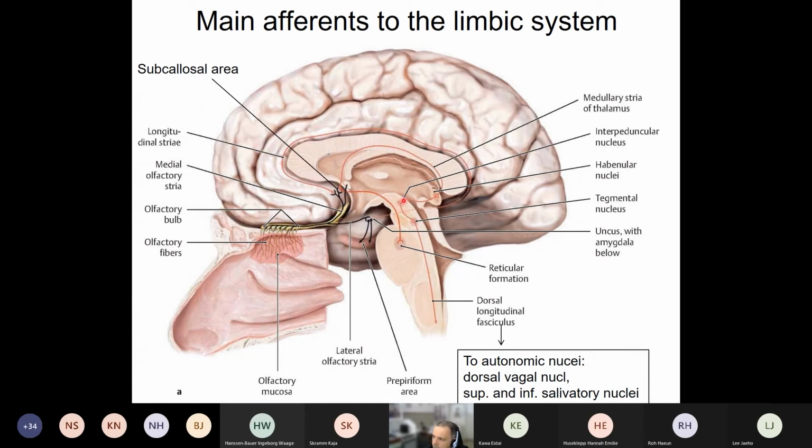And after these centers, there is a pathway arising, which partially comes also from the hypothalamus, and that is the dorsal longitudinal fasciculus. It goes down into the autonomic centers controlling saliva production and also the gastric functions, like the dorsal vagal nucleus and the superior and inferior salivatory nuclei, which are controlled by that.